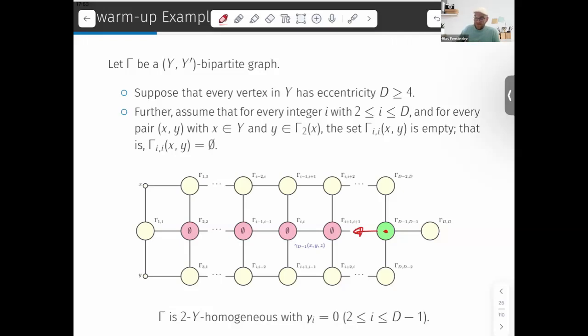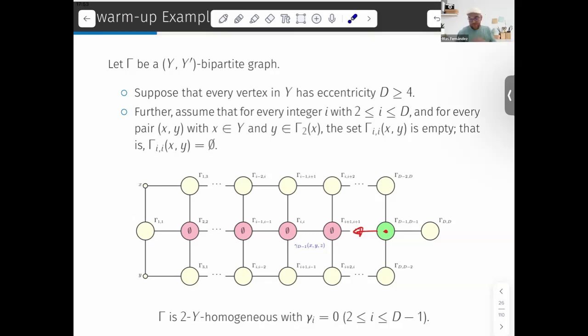So this means that every vertex that is here is at this distance from the vertex, and this distance is not d minus 2. So this means that in any case, whenever all these guys are empty, we will have that the graph is 2y homogeneous, and all these scalars that we define are 0.